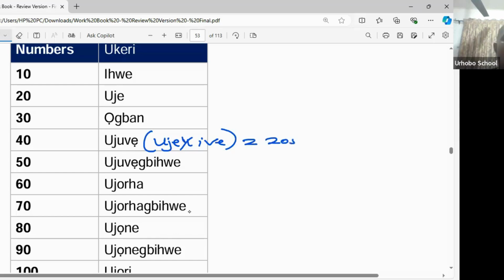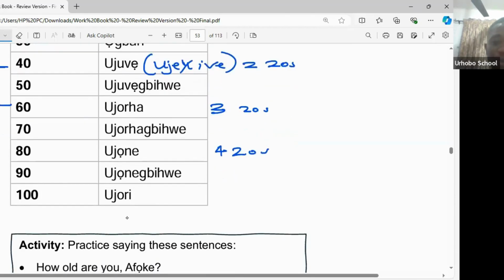In Urhobo, we count in twos of twenty. Ujuve is 40, and 60 is three twenties, Ujura. Four twenties is Ujone, and five twenties is Ujori. These are the root words.